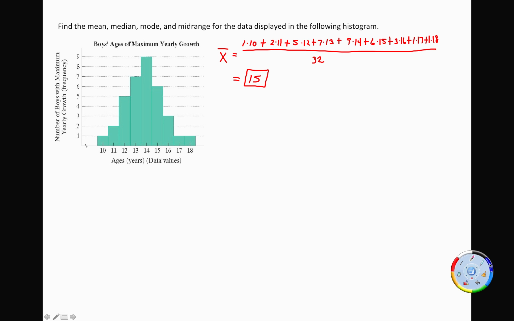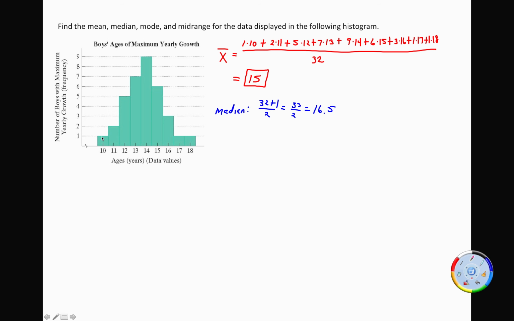Okay, let's find the median. We know there were 32 data items. So our position of the median will be halfway between the 16th and 17th data item.